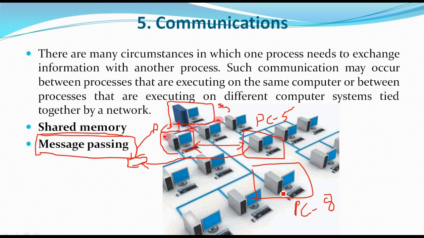Then by passing a message to the server, it can connect to PC8, and PC8 can send a message to the server, and it can get connected with PC1 or PC2 or PC5, so that in this tokenized mechanism a message can be passed, so that both these two computers can exchange the information and the resources.